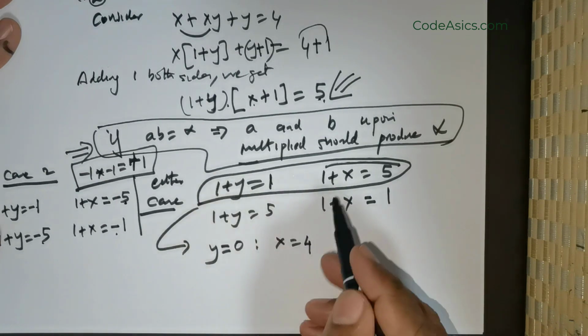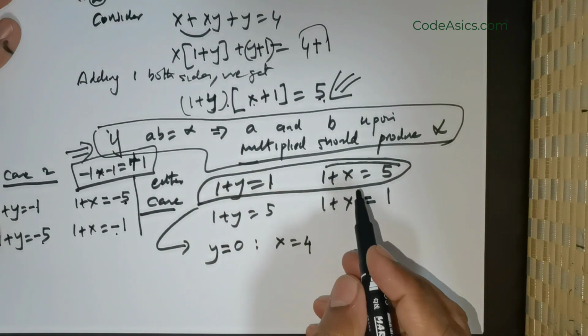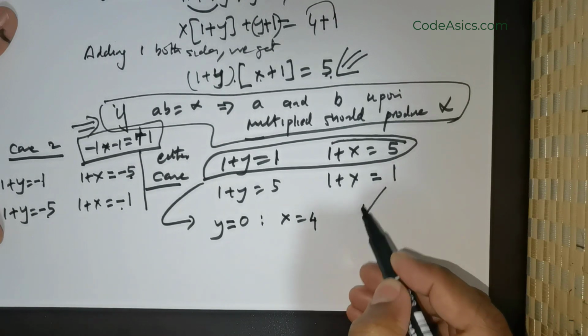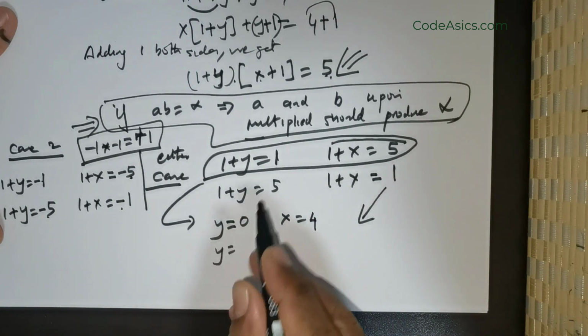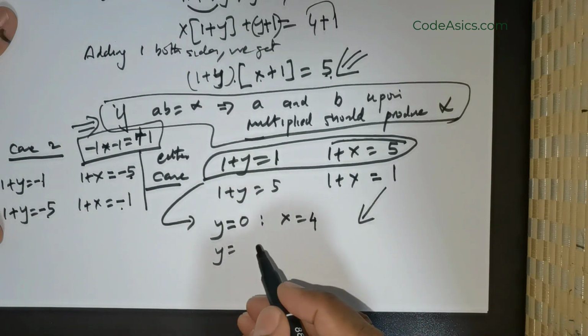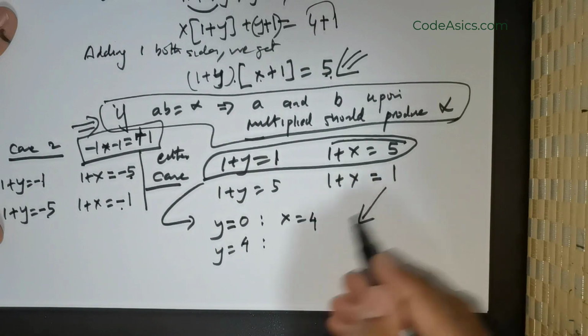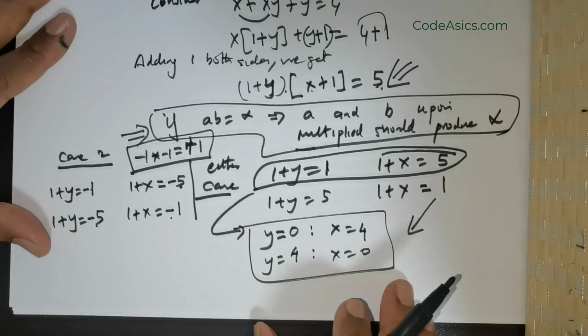So this is for the first system, or the first possibility which I've just stated here. Now if I were to use the second one, from here I would get y is equal to, the values get reversed, right? So y is equal to 4 and x is equal to 0. So this is one possibility.